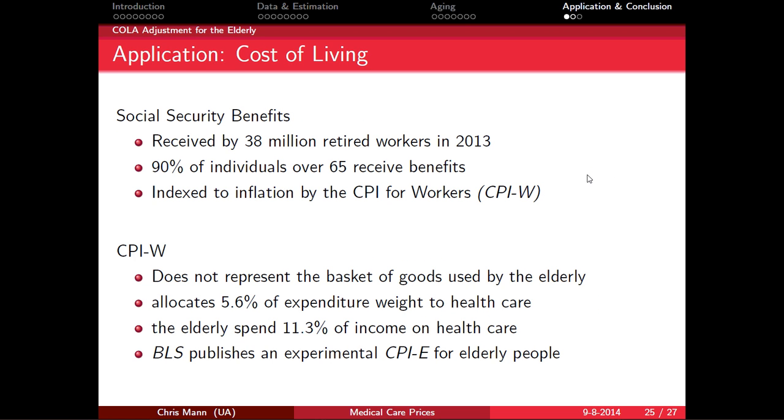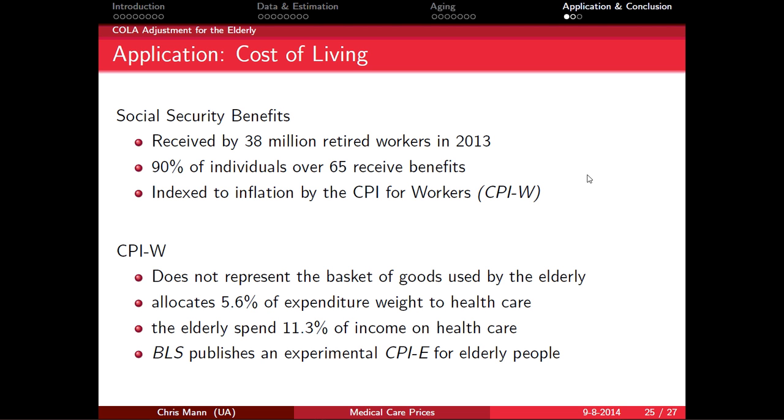So, let's look at an application of this just really quickly, right? And this application is through, say, the cost of living, the CPI. One of the biggest reasons why it's important to accurately estimate the CPI is the fact that a lot of payments are adjusted every year by the CPI, the Consumer Price Index.